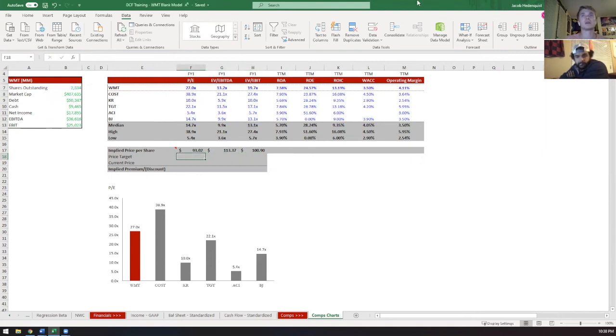So for our price target, it's not that important here. But what we're going to do is go into CapIQ and figure out what analysts, the experts, think Walmart should be trading at. And we're going to put that in here. It's mainly just to give us a reference point. It's not really going to affect our model at all.